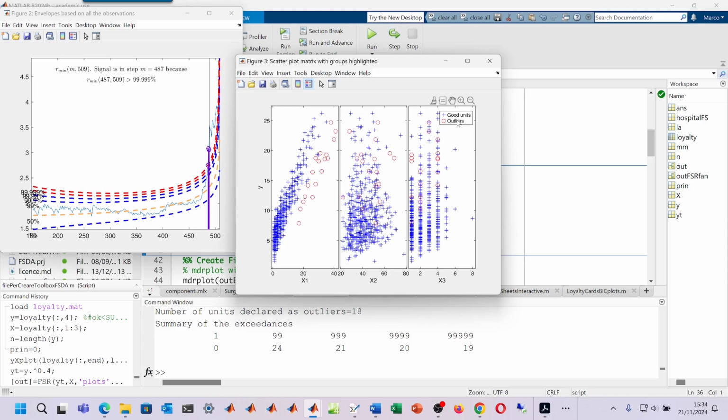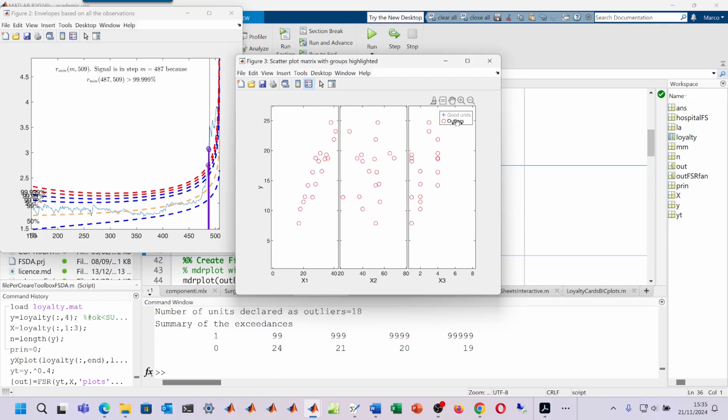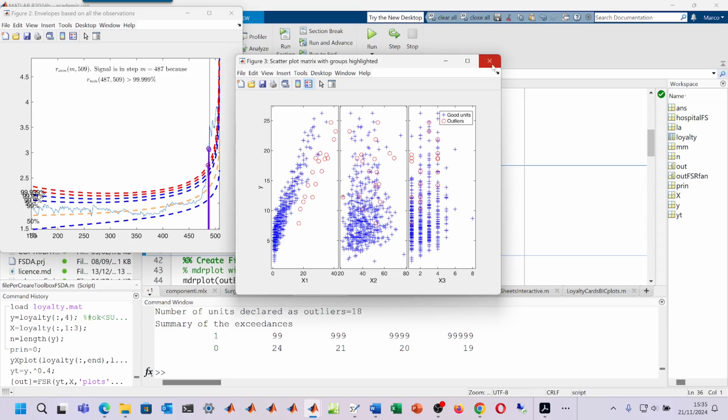These units are characterized by a set of customers who, given their high value of x1, their high number of visits, tend to spend less than the other customers. On the other hand, while the outliers here form a clear pattern in x1, the pattern in the other two explanatory variables is not very clear.